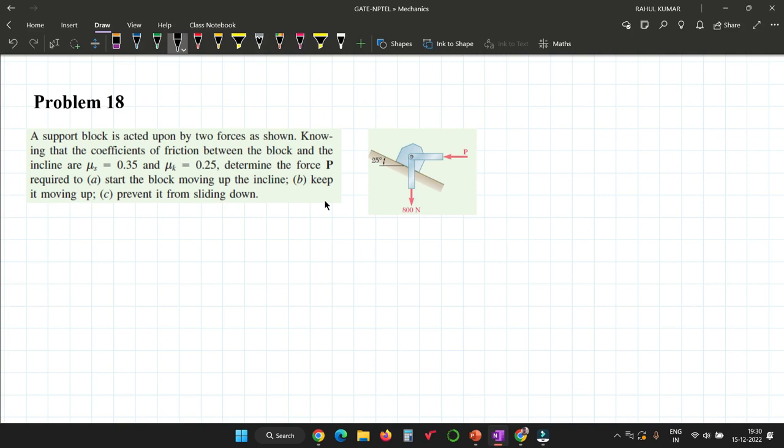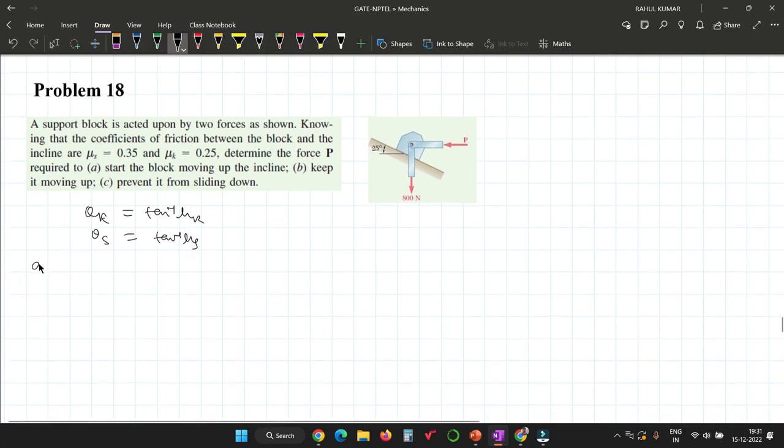This problem is straightforward, right? First you need to find theta k, and what is theta k? Tan inverse mu k. Then you have to find theta s, which is tan inverse mu s.